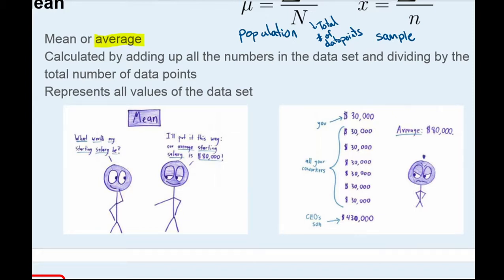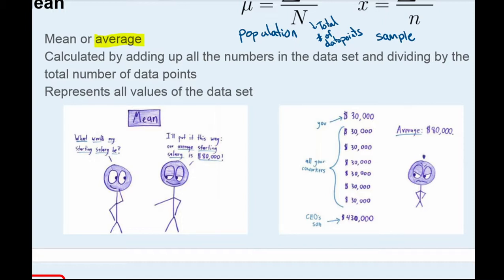The example here asks, what would my starting salary be? And I'll put it to you this way, our average starting salary is $80,000. However, if we look at the actual breakdown of all of the salaries, we can see that it's $80,000 because there is one extremely high value.